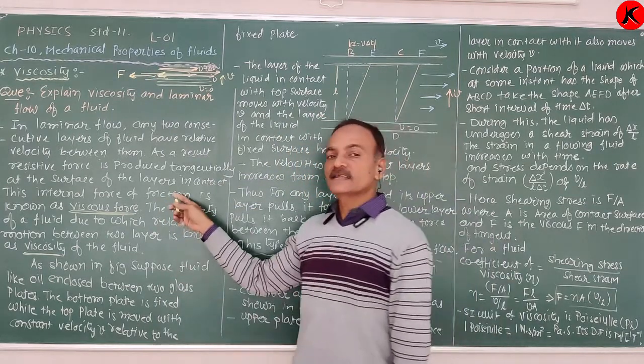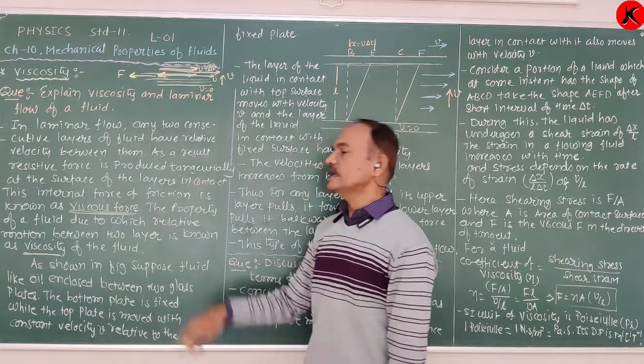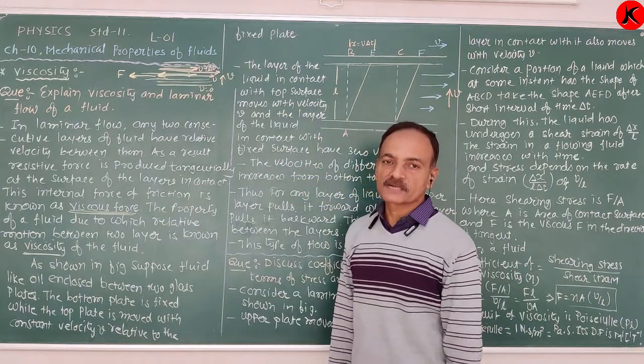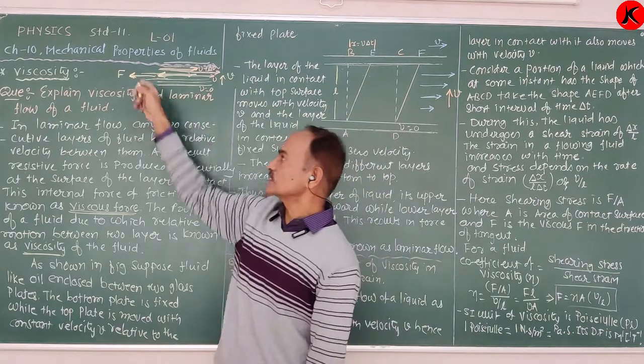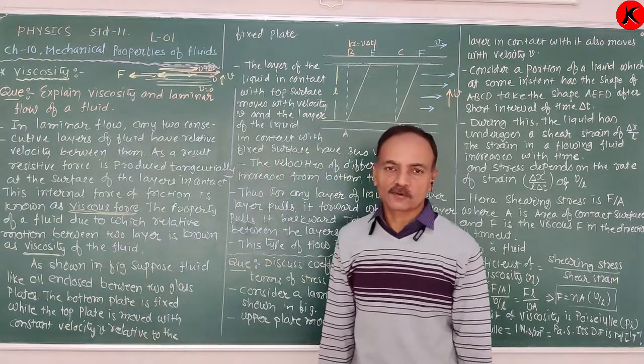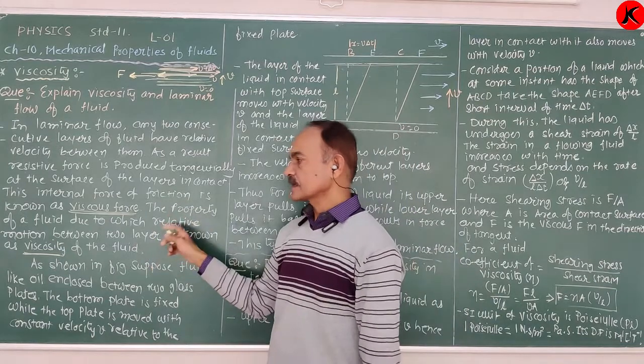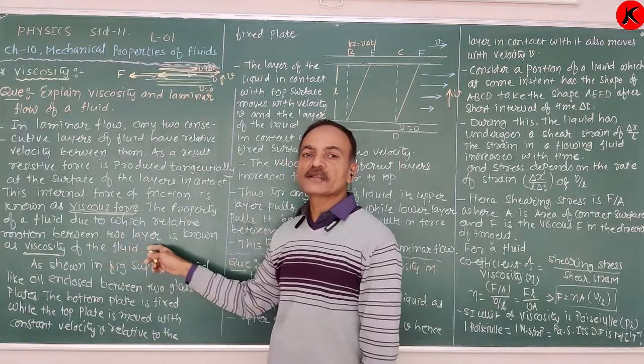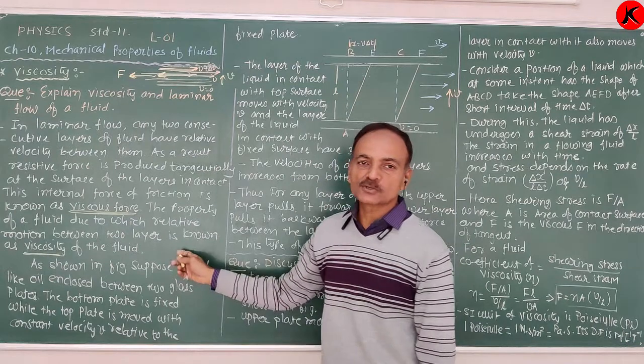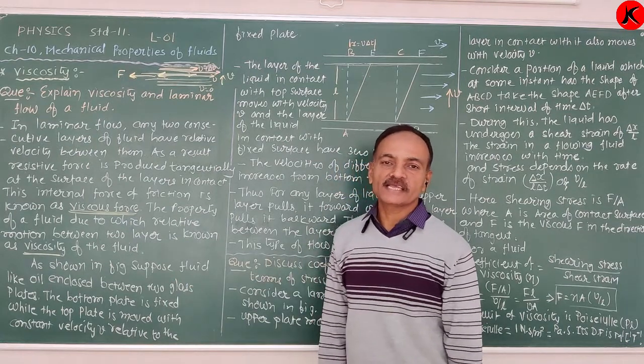Now, this internal force between the two layers, or this internal force of friction, this adhesive force, is known as the viscous force. And the property due to which the relative motion between the two layers takes place is known as the viscosity of a fluid.